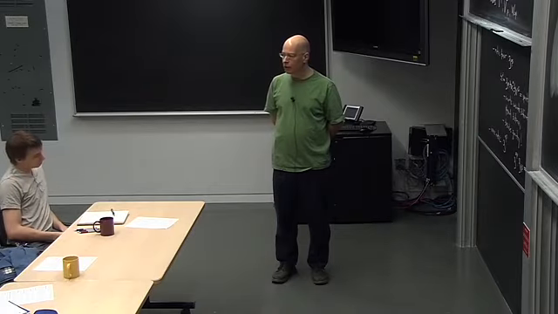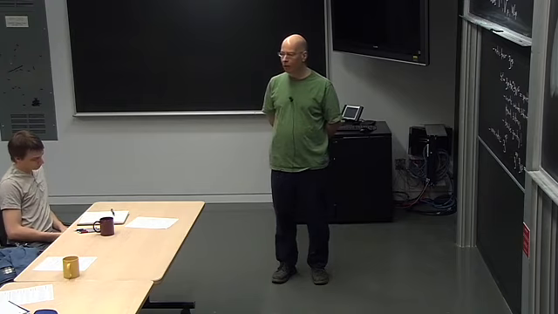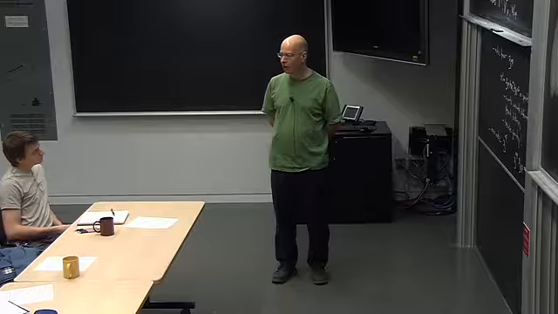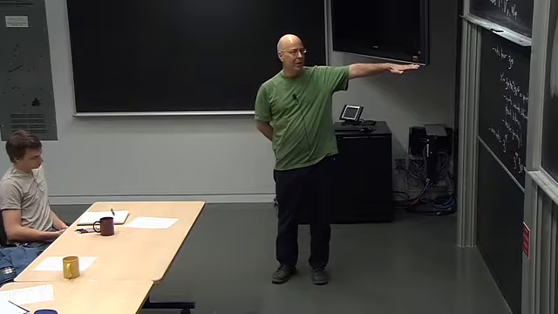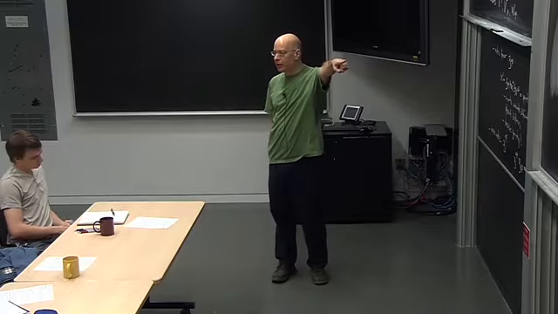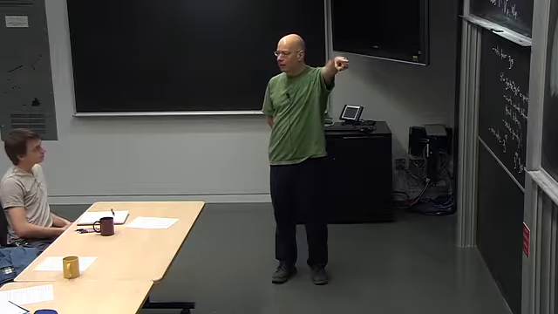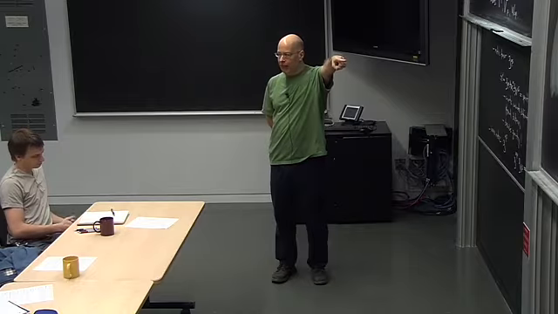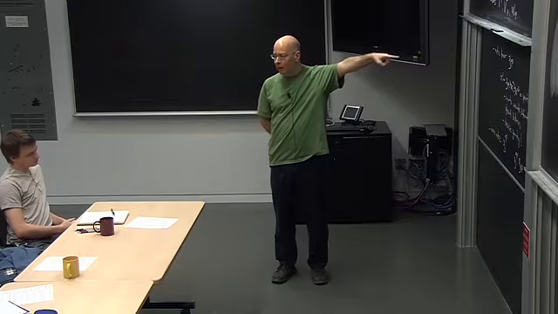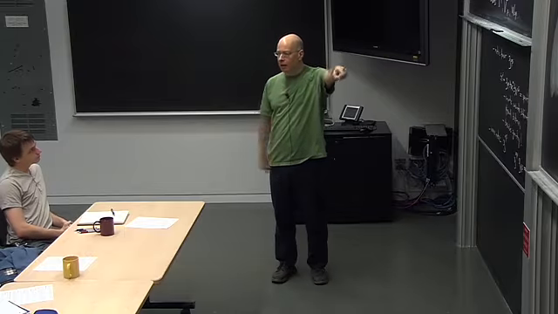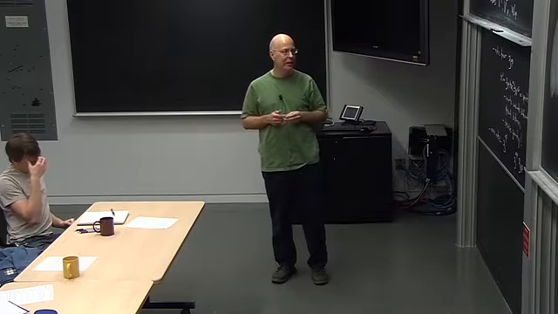You can do the opposite too: choose not to put a metric and choose to put a connection, and that's also fine. If you place a connection without putting a metric, then you have what's called an affine manifold. And then you can have both, a metric and a connection, and that's the kind of manifolds we're going to be dealing with.